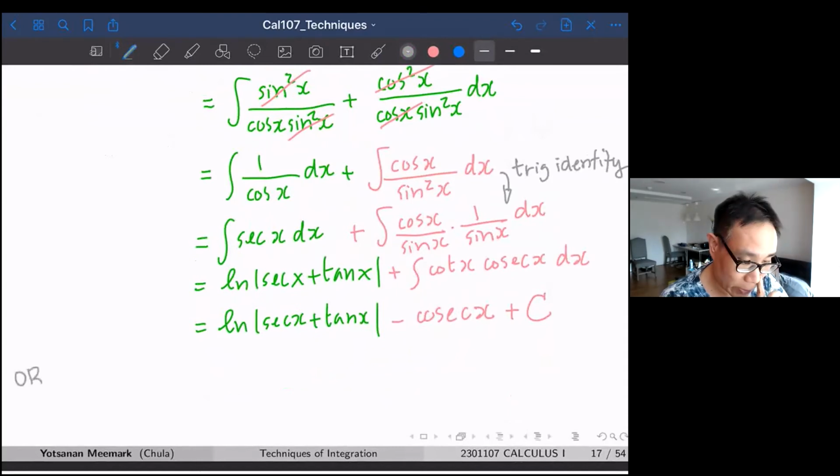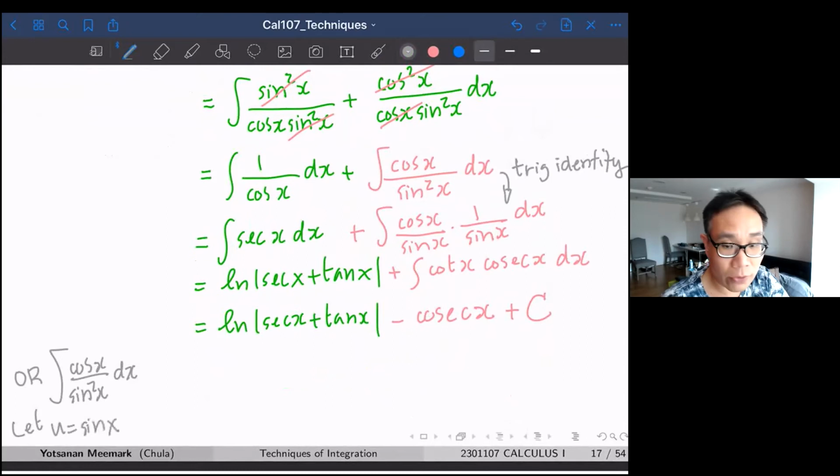When you want to integrate cos x over sine square x dx, you begin by letting u be sine x. Why? Because this one is cos to the first power, so it's an odd power, so you let u be the opposite one, sine x. And you compute du, which is cosine x dx.